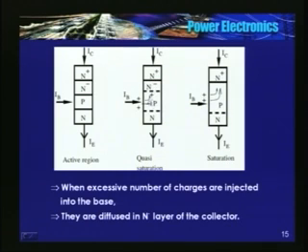This is the quasi-saturation region. Now the thickness of the N minus layer is reducing. It is a highly resistive layer. The thickness is reducing, therefore the voltage drop across the transistor, VCE, also falls.